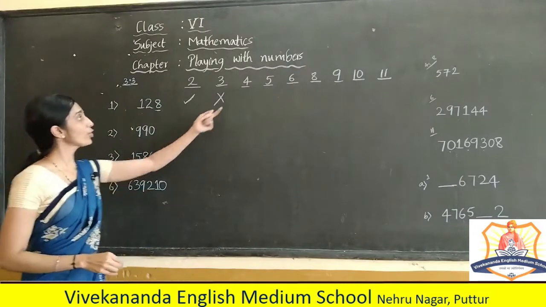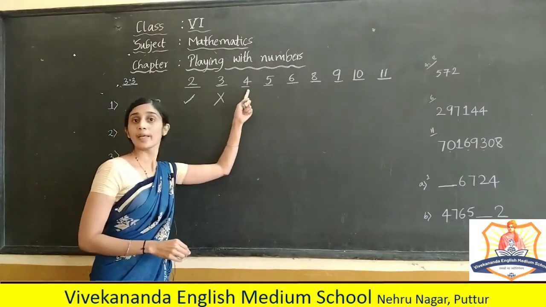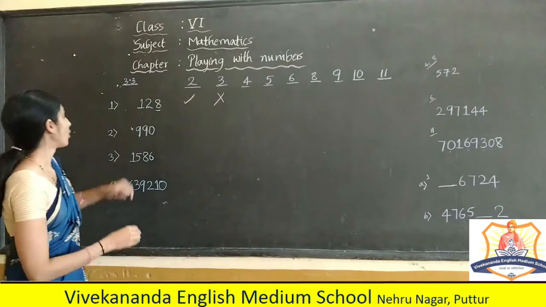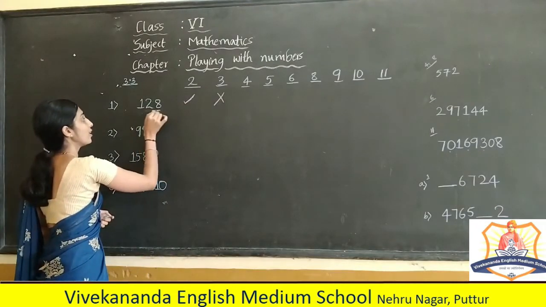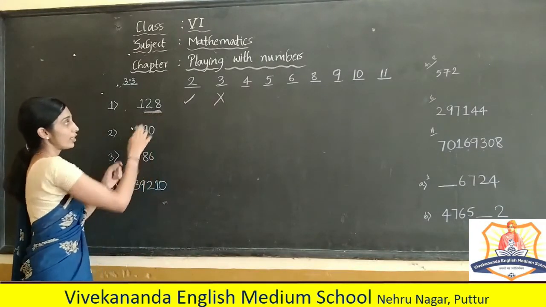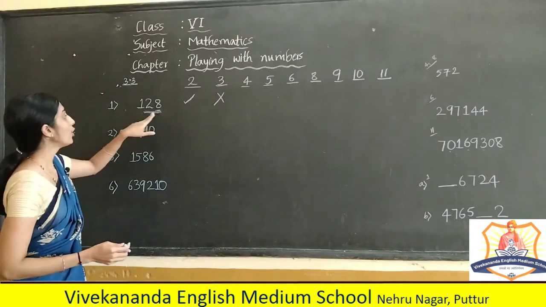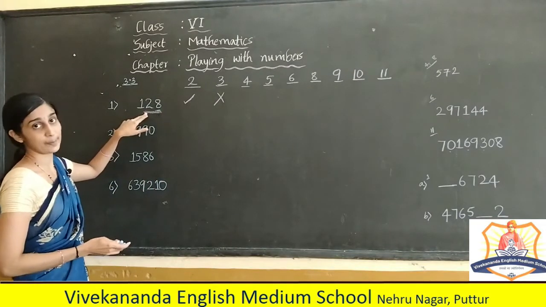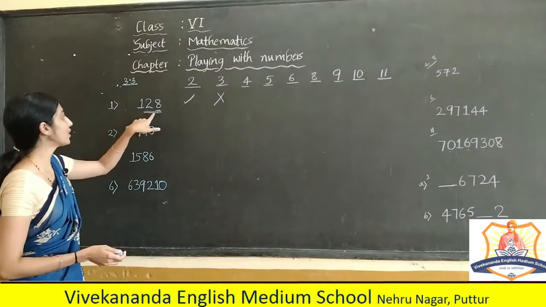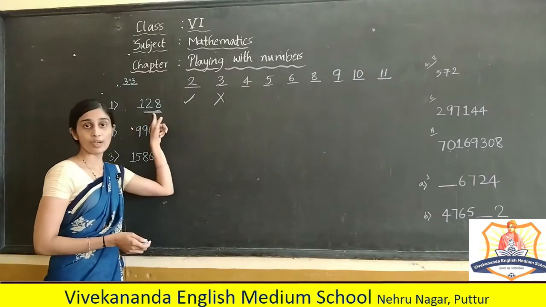Next, how to check divisibility by 4? For 4, we should consider the digits in the units place and tens place. Right? Whether this is divisible by 4?